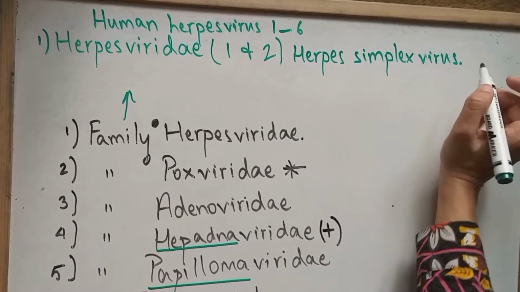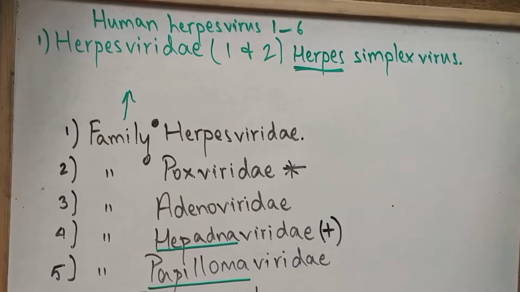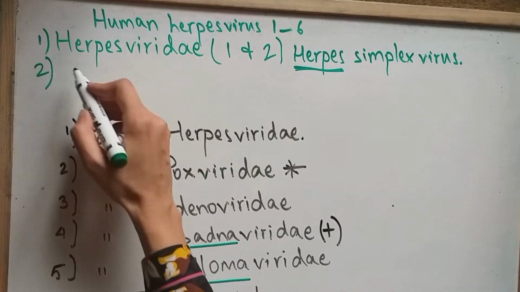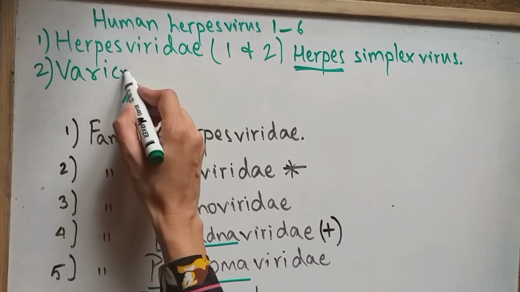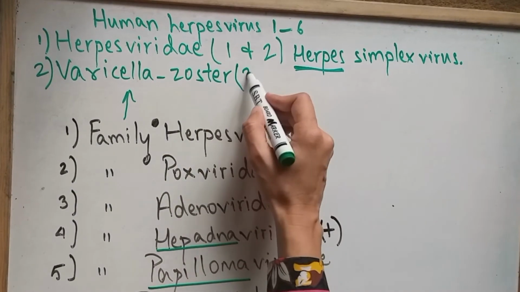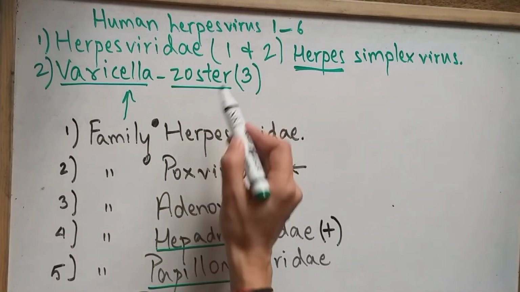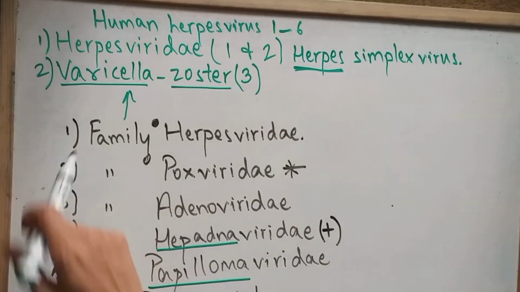They cause herpes and encephalitis. The second one would be varicella zoster virus, and it causes varicella and herpes zoster. It is known as human herpes virus number 3.